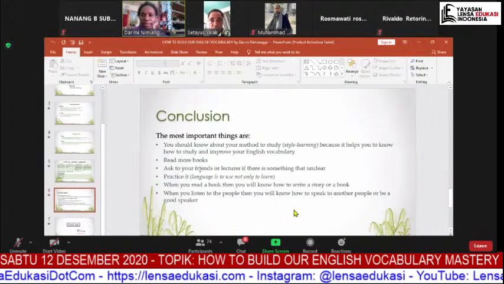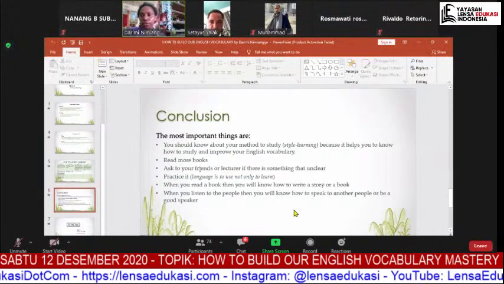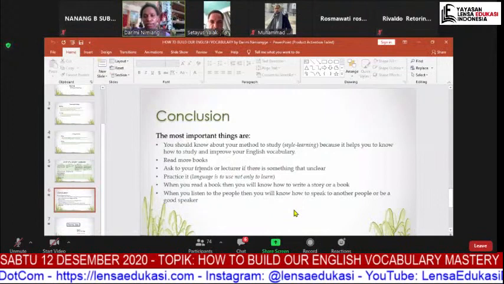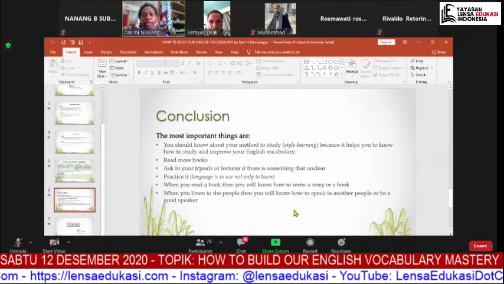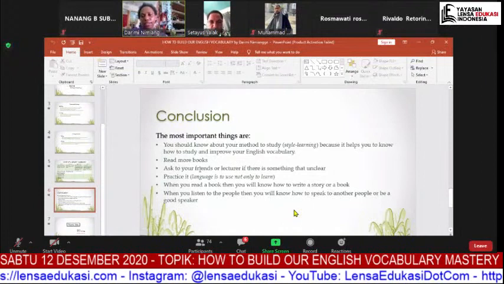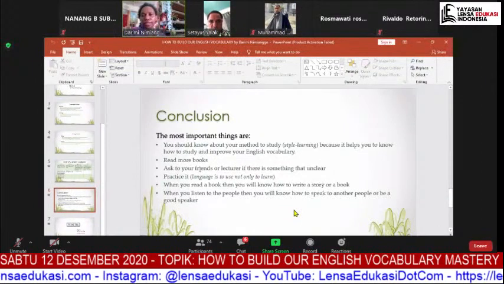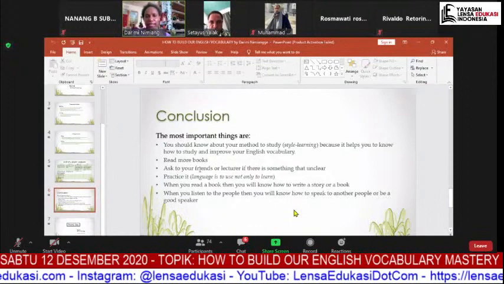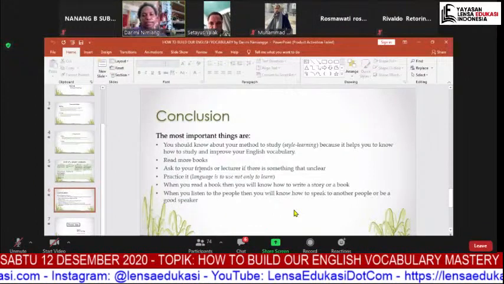The second is read more books, any kind of books. The third is ask your friends or lecturer if there is something unclear or you don't understand. And next is practice it.